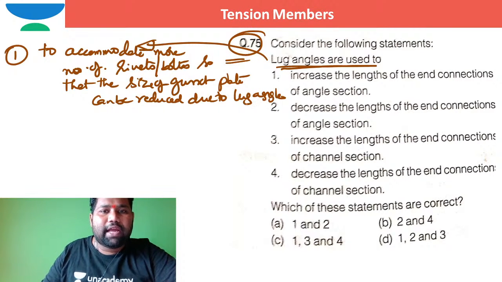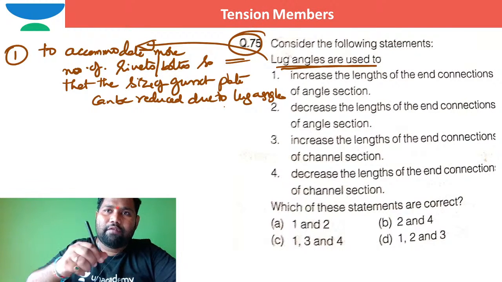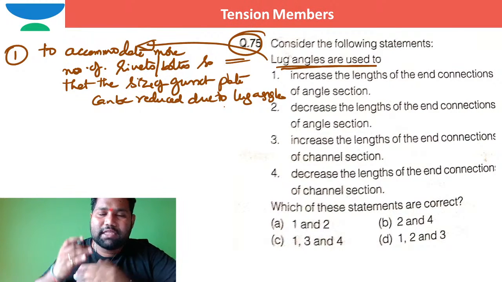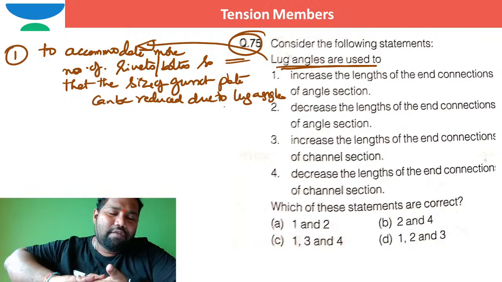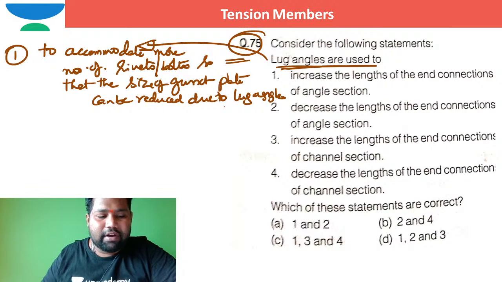If I don't use lug angle within the given gusset plate, if I want to provide more bolts, in such case the length of overlap for that connection is high. In such case the dimension of the gusset plate required is also high.